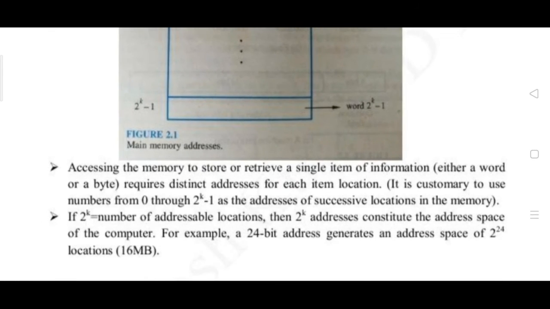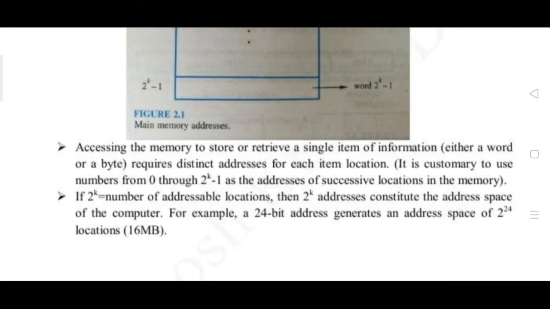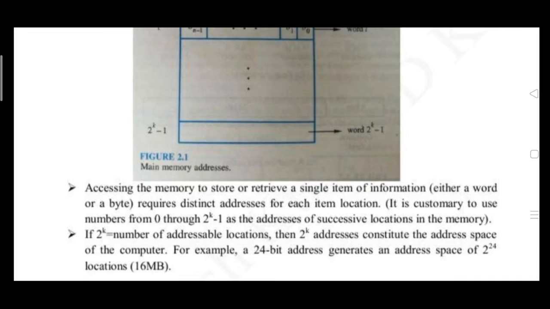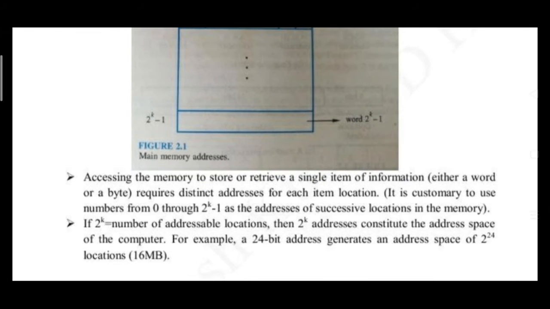The length or size of the memory depends on the architecture. Please remember, this is again one of the important topics. Please go through the content carefully, pause the video, and note down the things. Hope the things are visible, note them down.